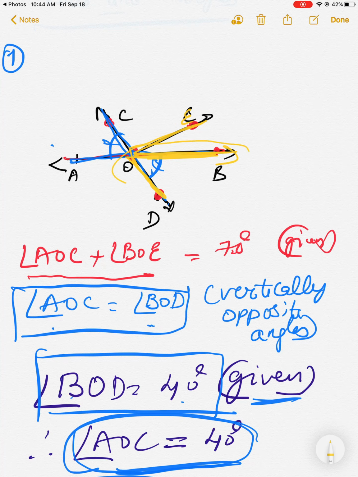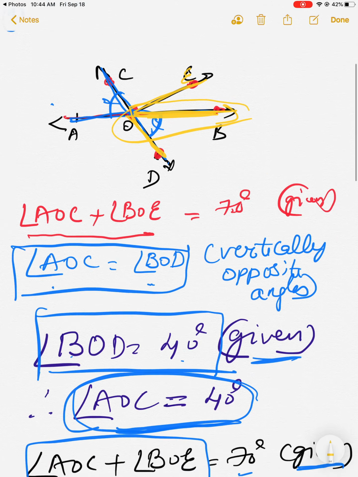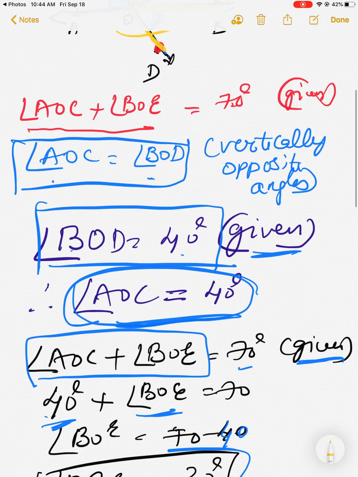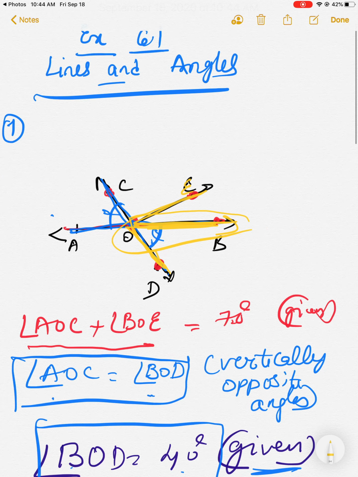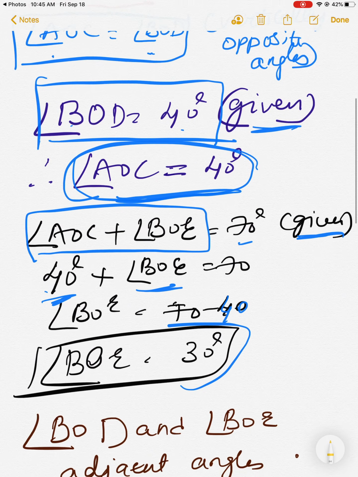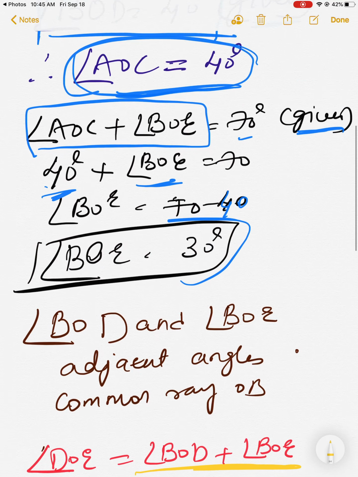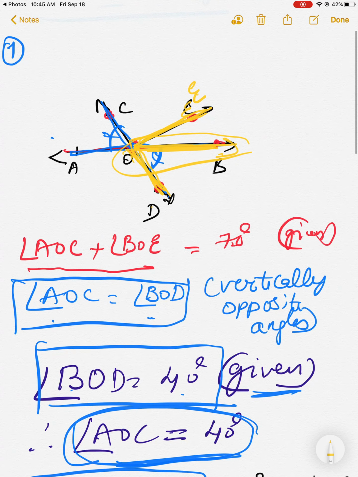Then this is the angle DOE. So DOE is equal to BOD plus BOE.